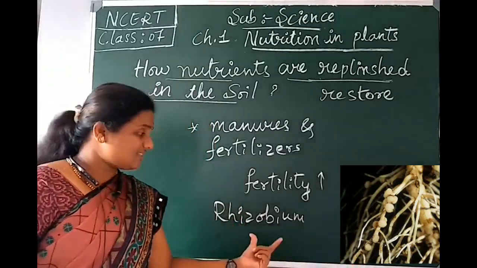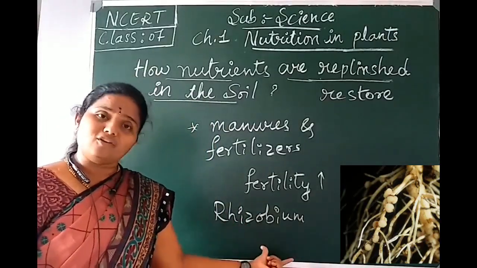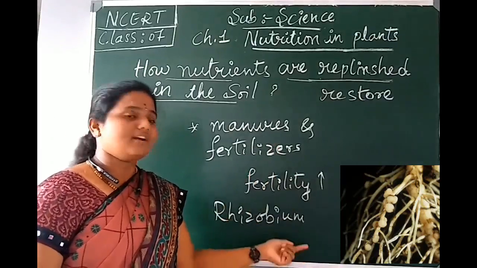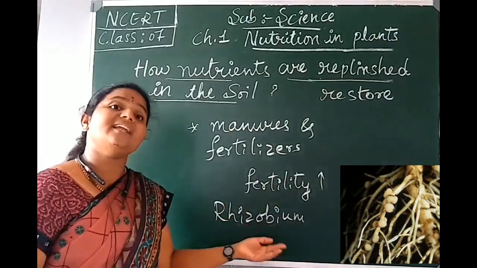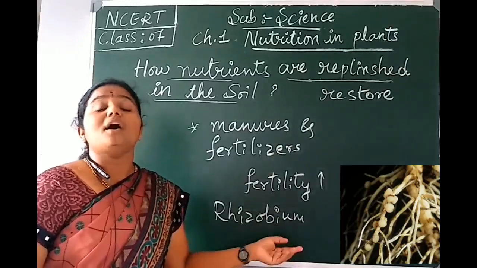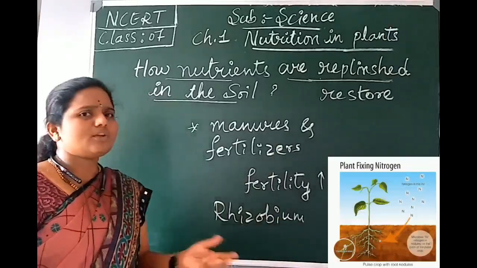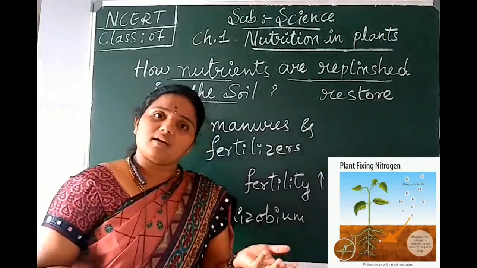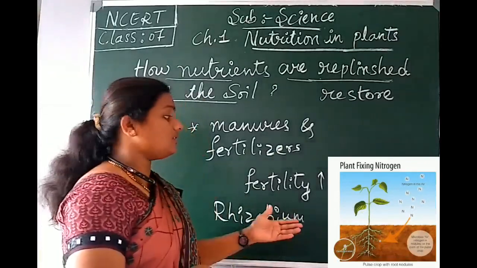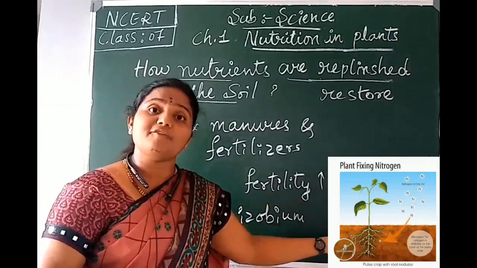So what happens? This bacteria wants food. The food will be taken from the leguminous plant, and in turn the rhizobium is giving what? Nitrogen. You might ask, there is sufficient nitrogen in the air, so why does the plant again want nitrogen from the soil?